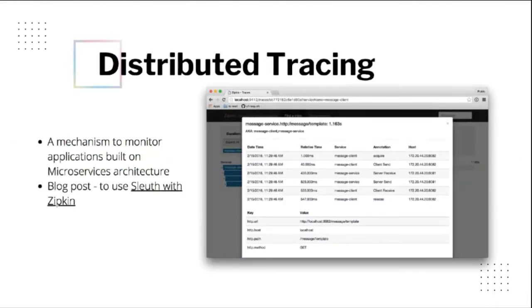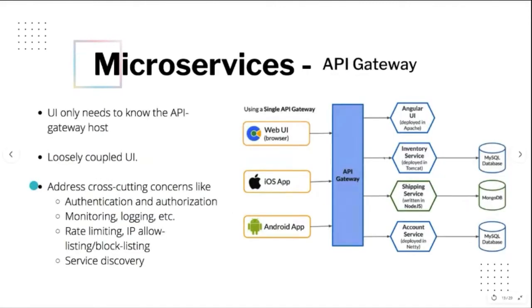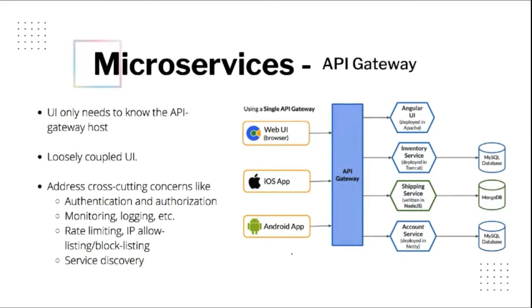Finally, the next concept that I will discuss is distributed tracing. Everything looks good theoretically: deploy everything on independent hosts and talk to them. That's nice. But how do you trace errors, or how do you debug a problem?